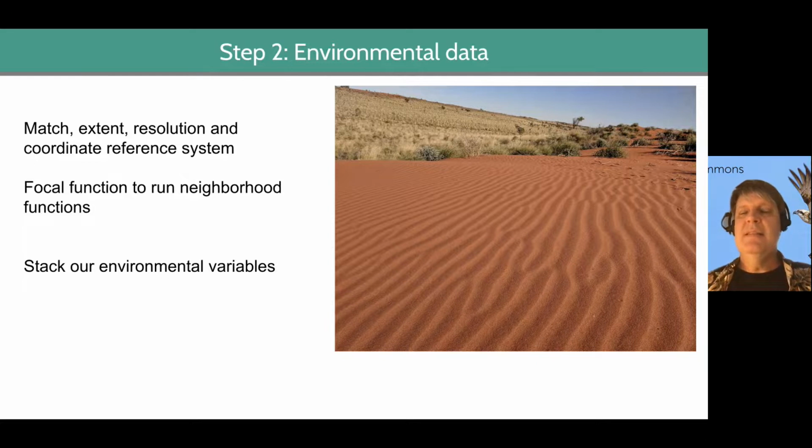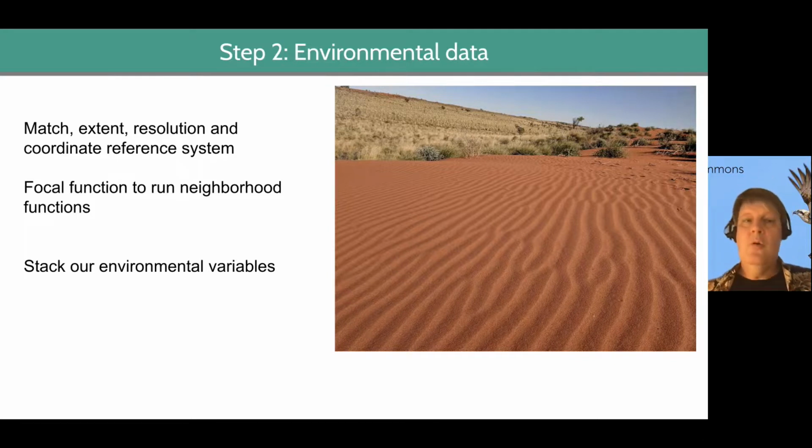You need to be able to stack them on top of one another and for the grid cells to line up perfectly. So that means the grid cells have to be the same size in each environmental layer. That's called resolution. You need to make sure the extent is the same in each one of those. That's the outline of your study area. It needs to match in each one of those environmental predictors.